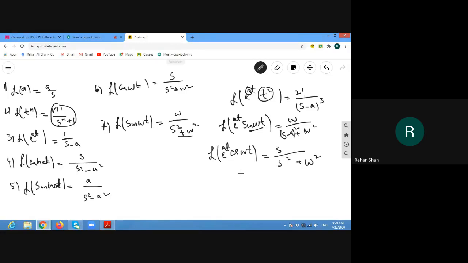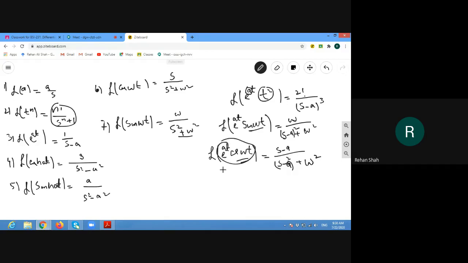The Laplace transform of cos is this one, but you will write s minus a. Wherever s is there, write s minus a, so this will become s minus a whole square. Is it clear now? Yes, sir. Okay. So this is called the shifting theorem.